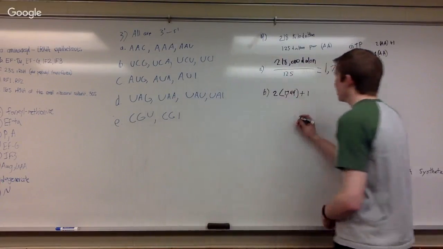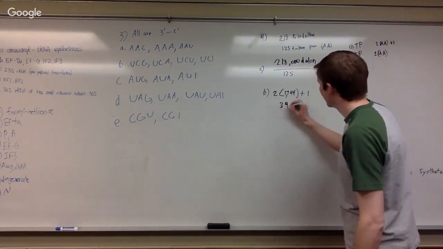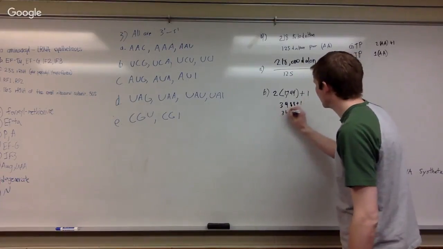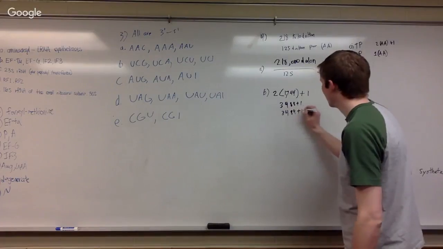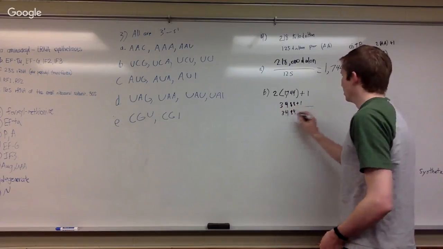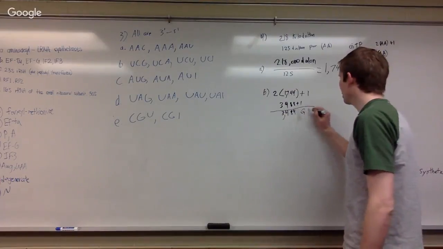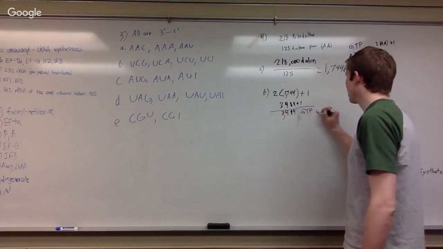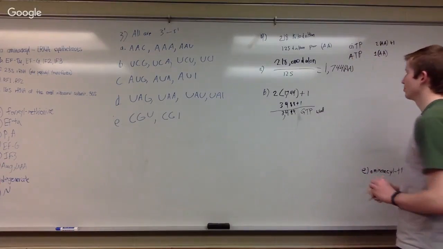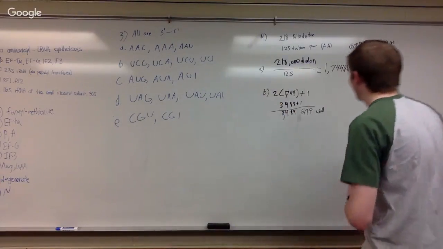And so when we do this, we get 3,488 plus 1, and we get 3,489 GTPs that are used to make our protein.